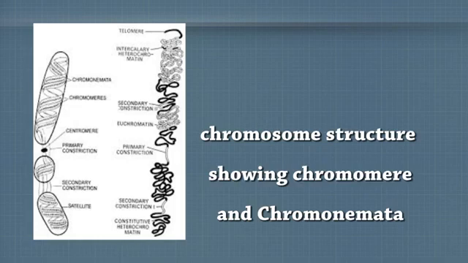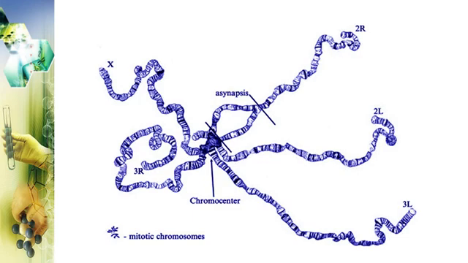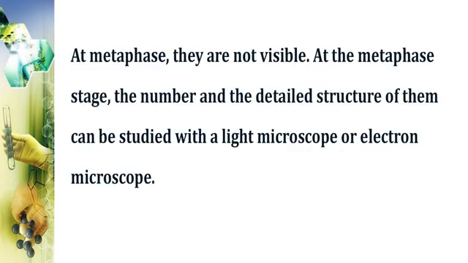Chromomeres are bead-like structures visible in interphase meiotic chromosomes. They can be seen in polytene chromosomes. At metaphase, they are not visible. At the metaphase stage, the number and the detailed structure of chromosomes can be studied with a light microscope or electron microscope.